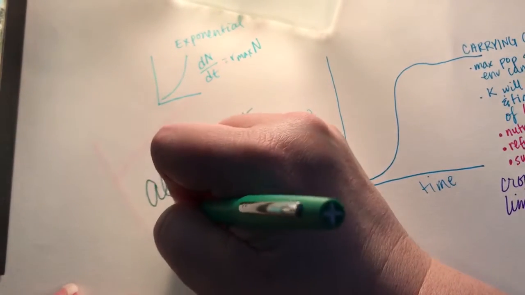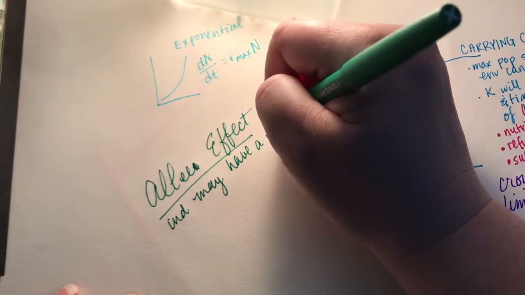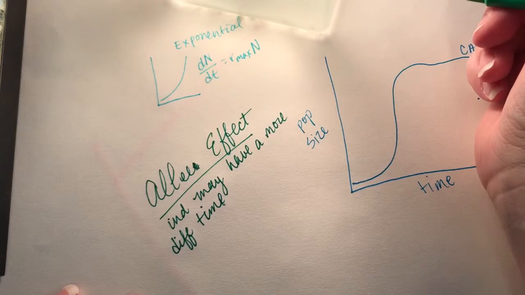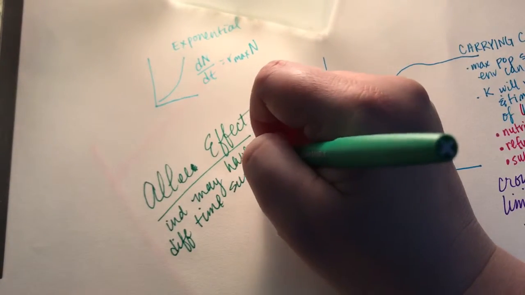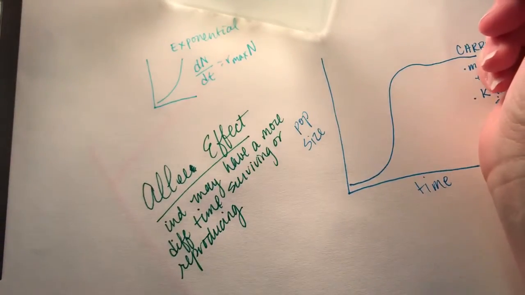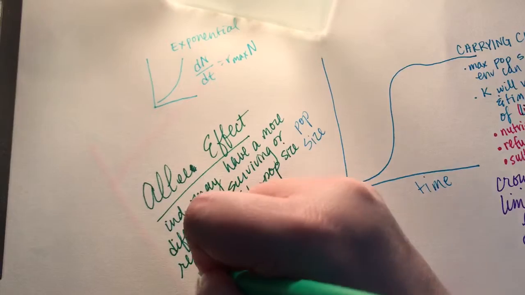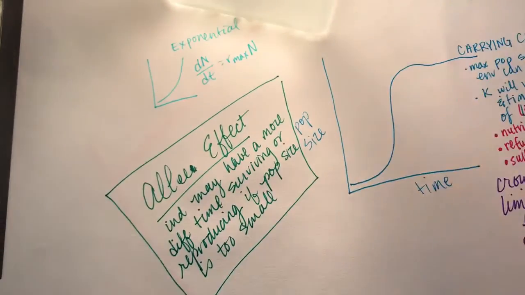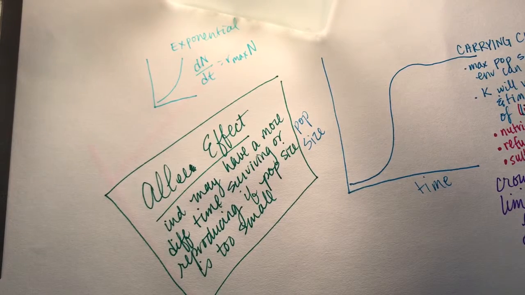This is the idea that individuals may have a more difficult time surviving or reproducing if the population size is too small.